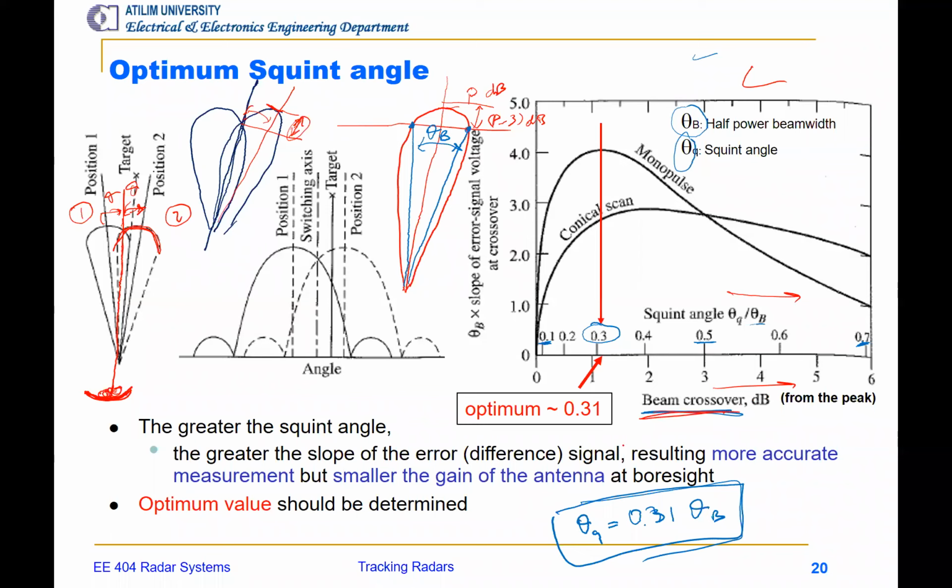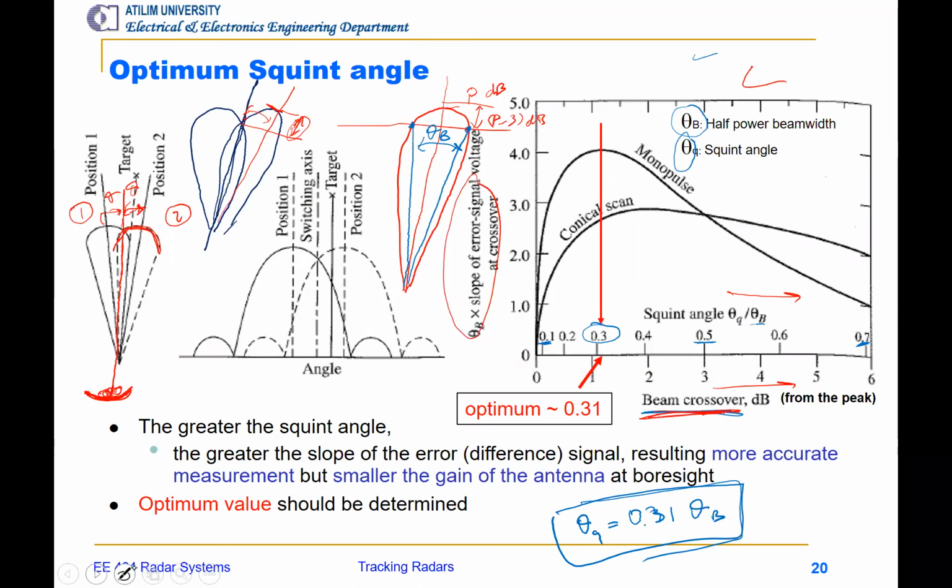That's going to be a problem. So increasing the squint angle may not be a good idea due to this beam crossover and also the slope of the signal. So there should be an optimum value, and it seems that 30% of the beamwidth of the antenna is the optimal value for the squint angle.